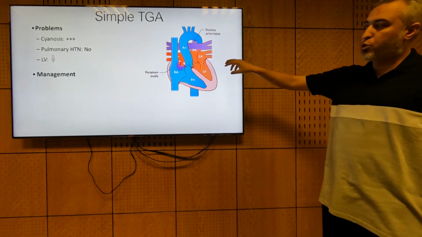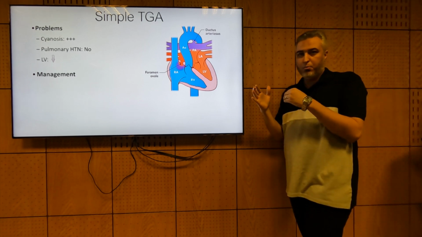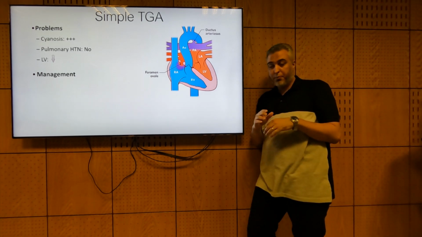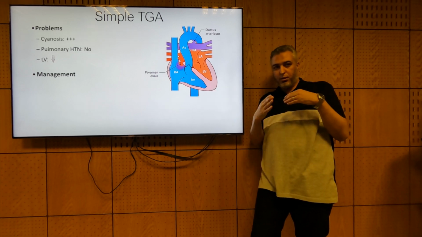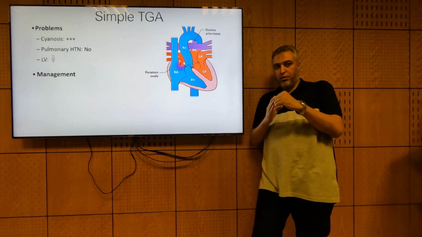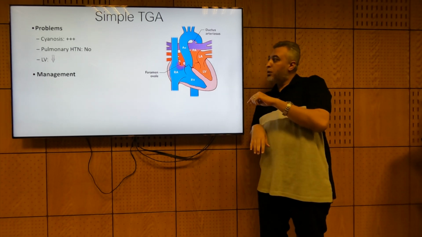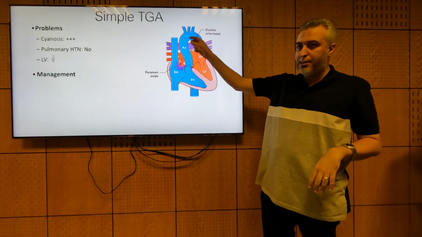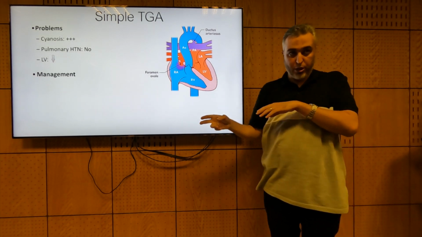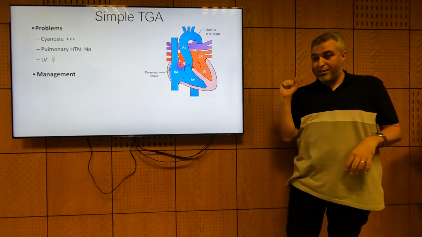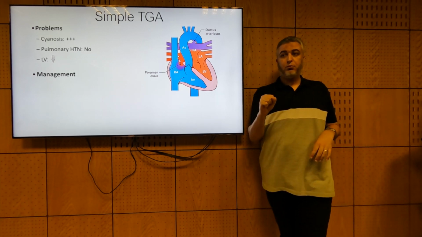So the PFO closure is at first by the difference in pressure, and then with time it endothelializes and then shuts like that. On the other hand, the closure of the PFO is a passive thing related to hemodynamics, while the PDA closure is an active process.